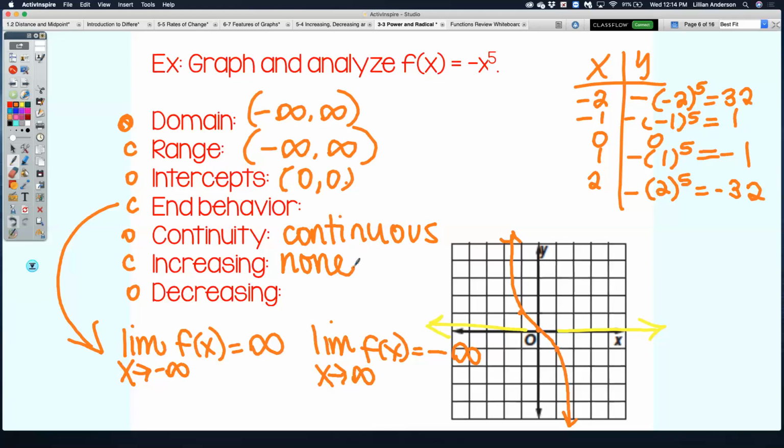It's not increasing at all, because if I read from left to right, it's actually going to be decreasing. From what to what? Negative. Good job. Questions on these?